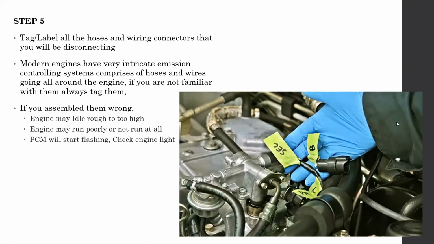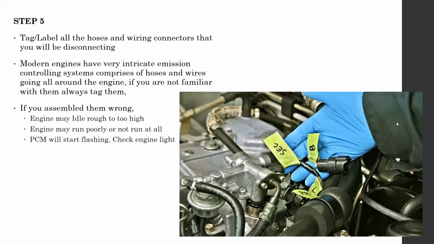You may not feel like these are necessary, but if you do not fix them back the way they used to be, there could be vacuum leaks, or foreign objects coming through these hoses, or some systems may not work properly. For example, the EGR system may not work properly. Then the engine may start to run very badly. For example, engine idle may become very high.